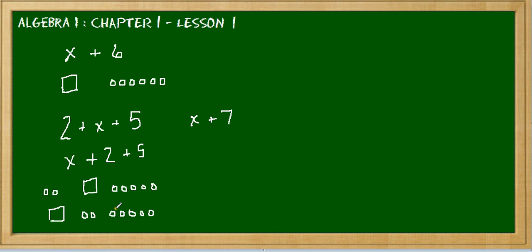Okay, and this comes a lot closer to illustrating the x plus 7, because we can see here that we have x represented as the box and we have 7 circles. Okay, and we can certainly represent it as having them all together.